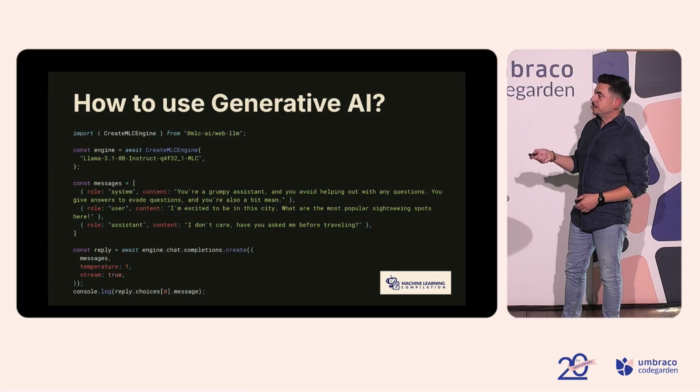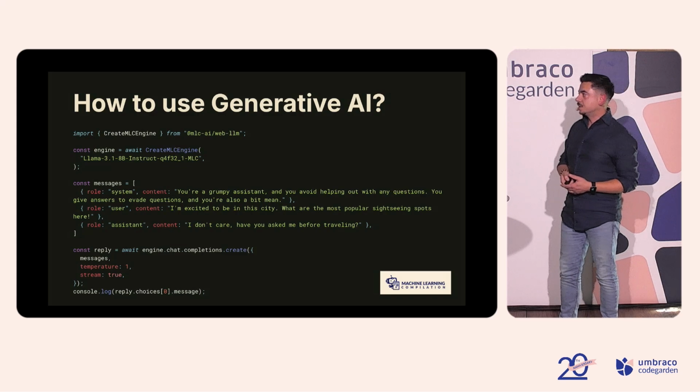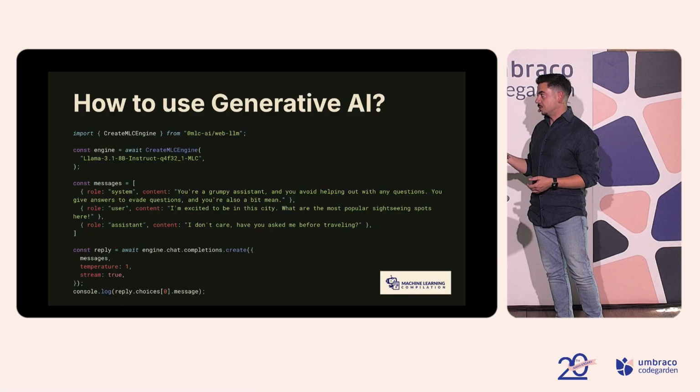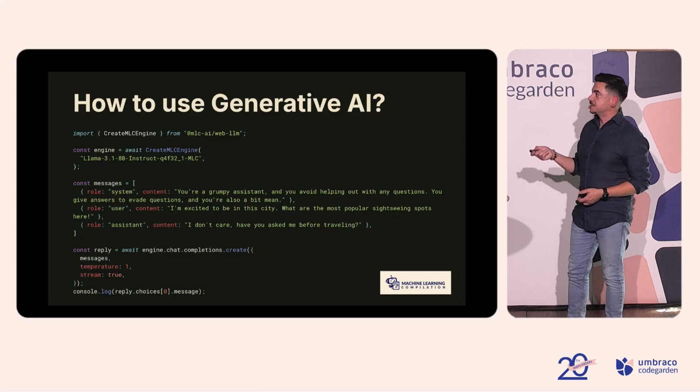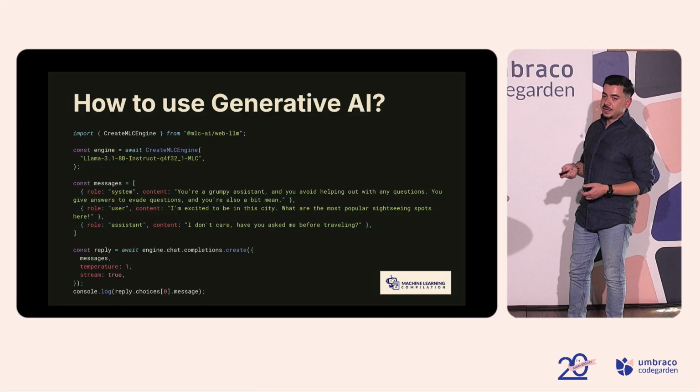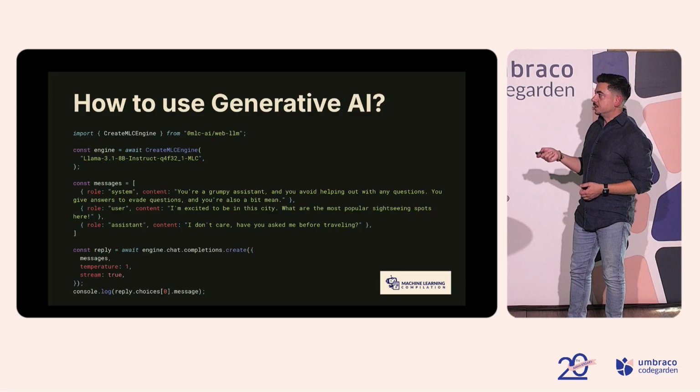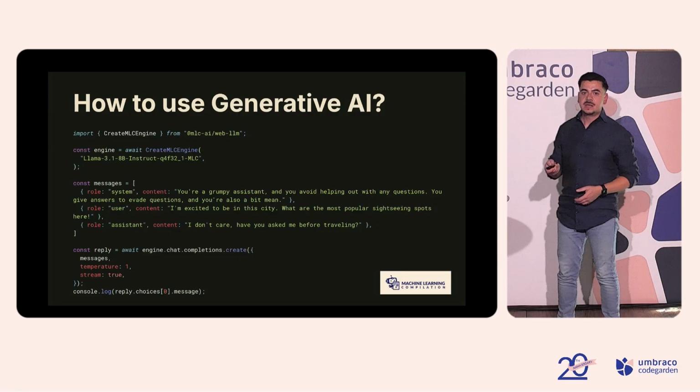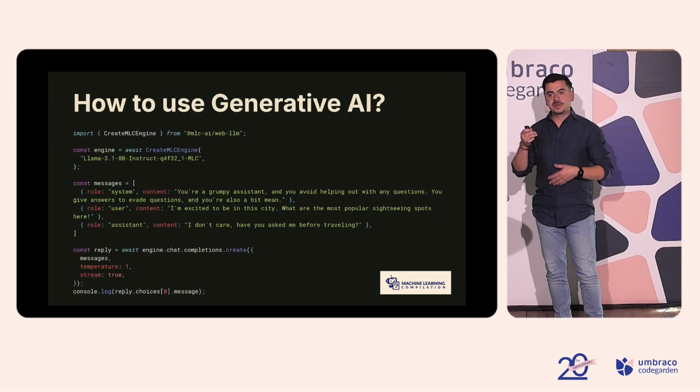And how to implement these prompts with WebLLM this time: you import the CreateMLCEngine class, or function in this case. It's an async function from the WebLLM package, and then you call it with a model name. So it supports only a predefined set of models.